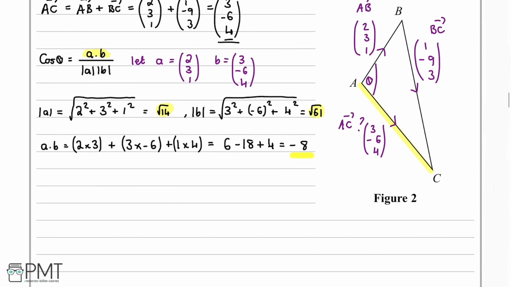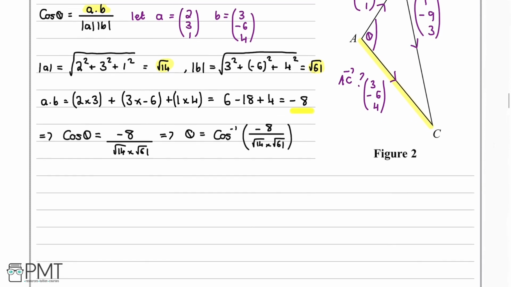Taking a look at our formula, cos theta is equal to minus 8 divided by root 14 times root 61. We then have that theta is equal to cos to the negative 1 of negative 8 over root 14 times root 61.